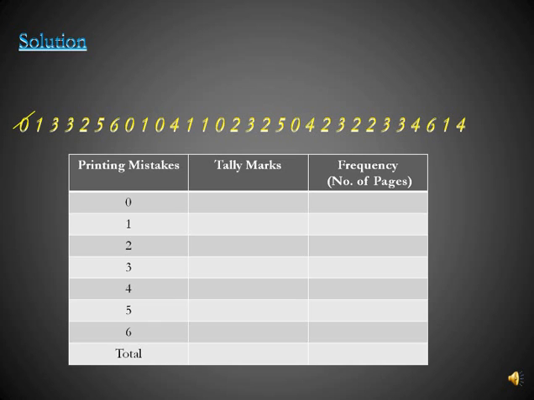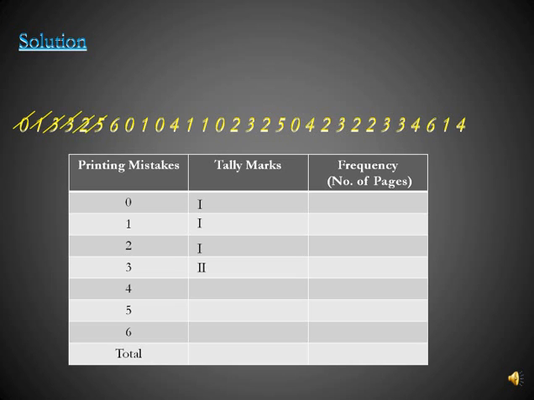Now the first figure is 0. We will cancel it out and write 1 against 0. Then the next mistake is 1, and we will cancel it and write 1 in front of 1. Then 3, so we will write 1 in front of 3. Then 3 comes again. It means 3 comes twice, so we will write another mark for 3. Then comes 2, so we will write 1 in front of 2.